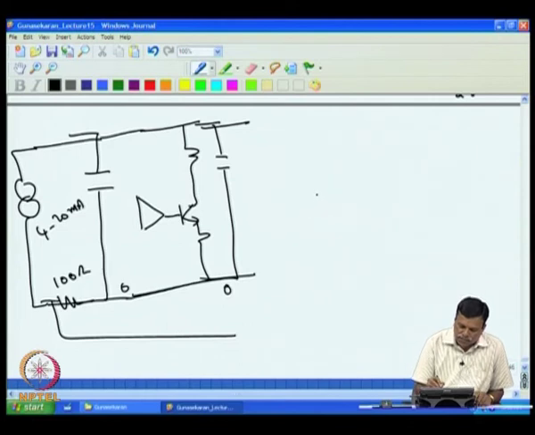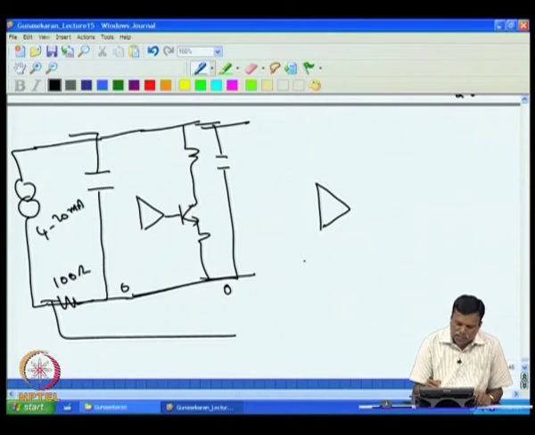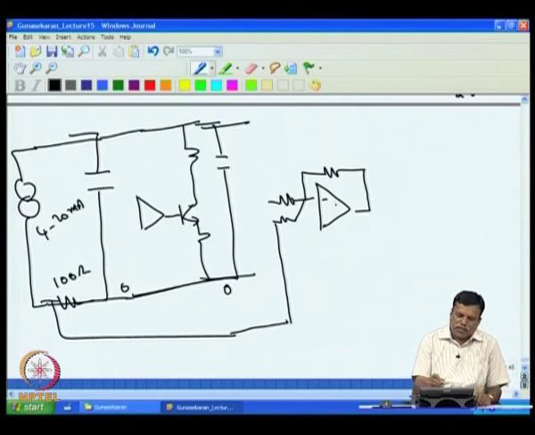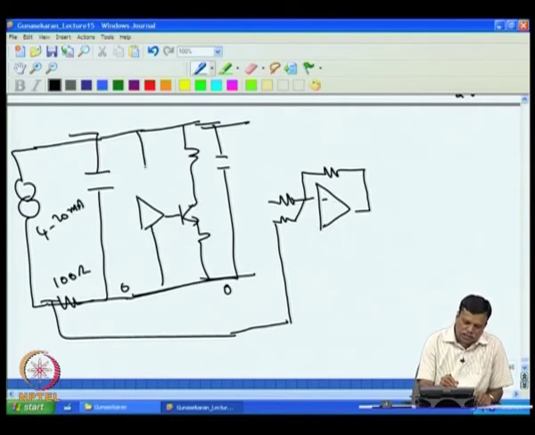First we convert this into a positive voltage by applying this one to the minus terminal. Then I can add this voltage to this minus voltage, because the op-amp is working only on a single supply, as we do not have a dual supply.